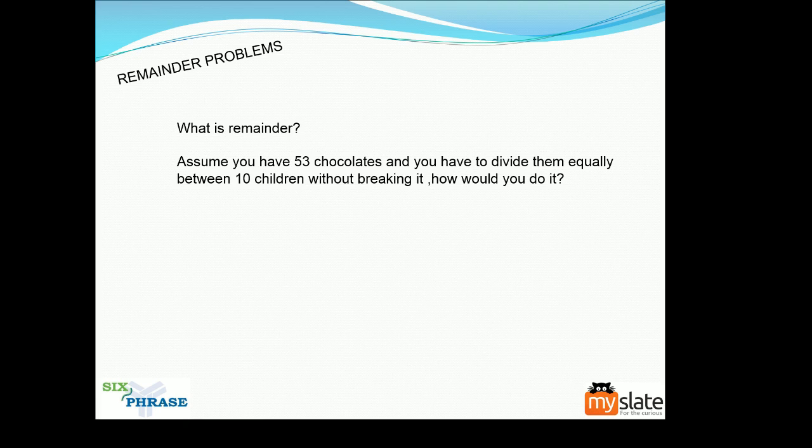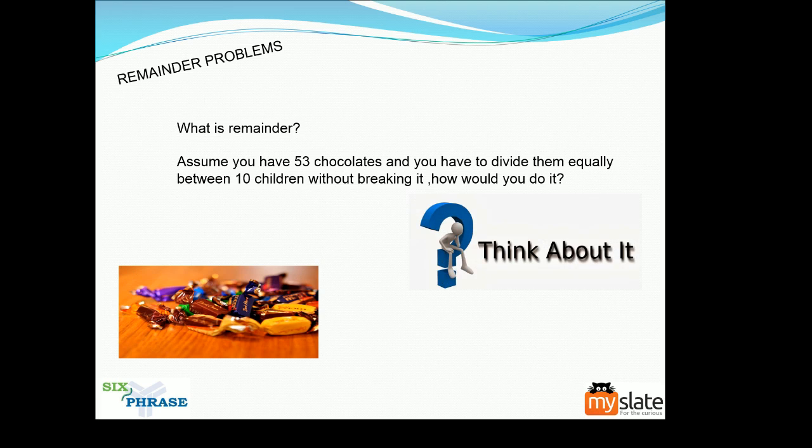You have to distribute the maximum number of chocolates, as much as possible. Now how would you do it? Let's think about it. Pause the video, think about it, and then we'll move on.